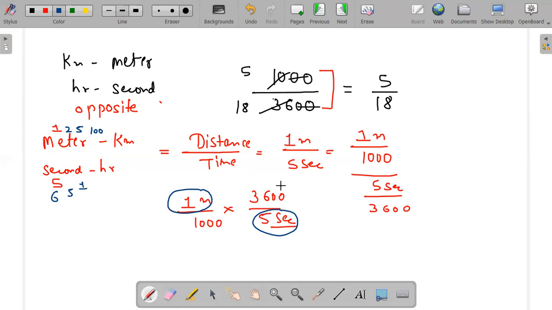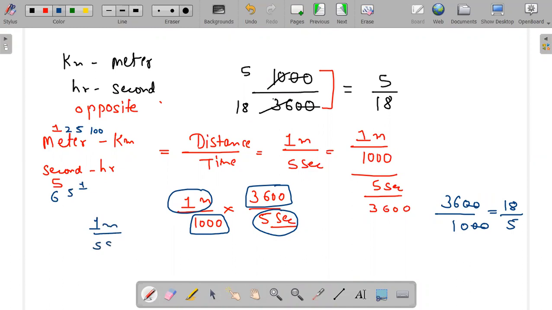But if you see that it is 3600 upon 1000, just cut them and it will be 18 upon 5 again. So instead of doing all this, you can directly write 1 meter upon 5 second into 18 upon 5. Now it is 5 upon 18. Why is it 5 upon 18?